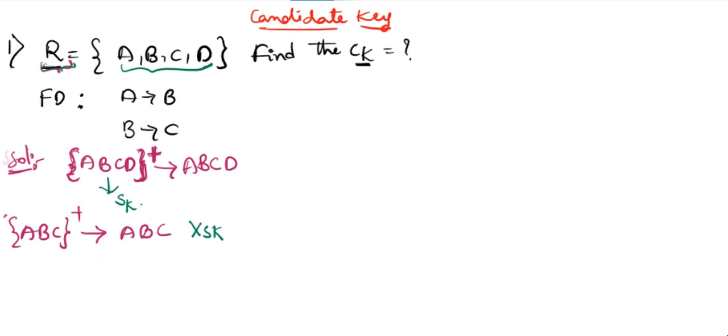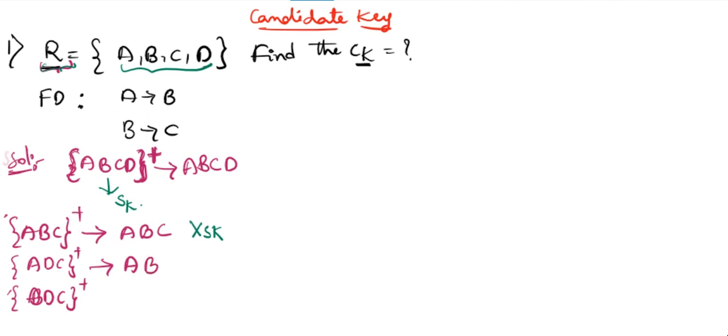The next one we should take is ADC. ADC means A determines A, and A also determines B, because that is a functional dependency given in the question.